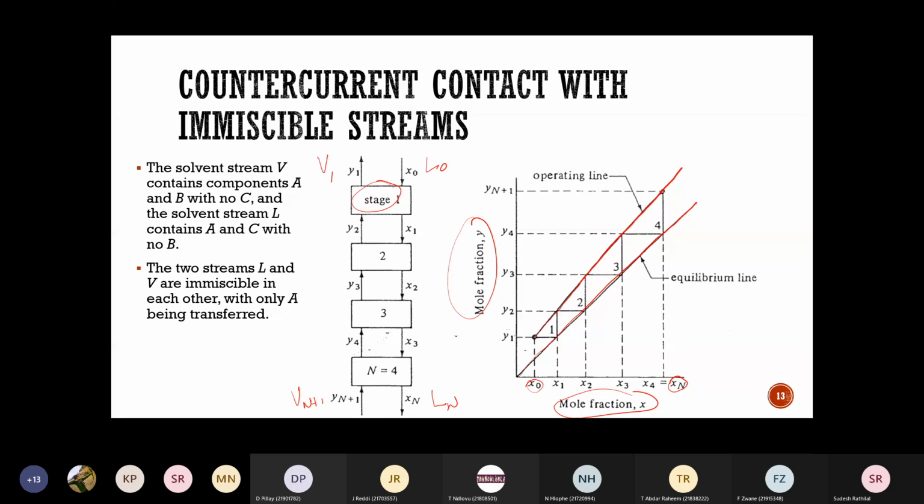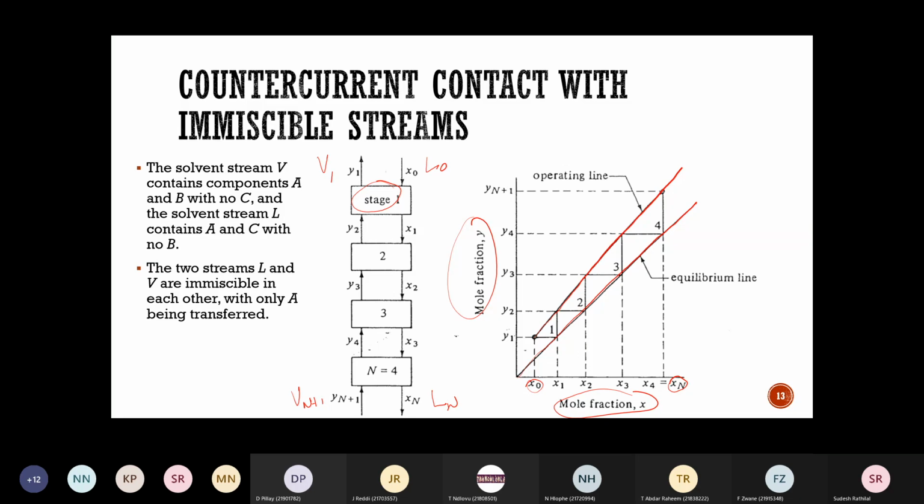We use what we call a McCabe-Thiele diagram. McCabe-Thiele diagram is a stepping off between your equilibrium line and your operating line in order to get the number of stages. I'm only introducing this here. We deal with it much more later on. But I want you to understand the concept, because when we talk about operating lines and equilibrium lines in the next section, you'll know what we're talking about. You know where we're leading to.